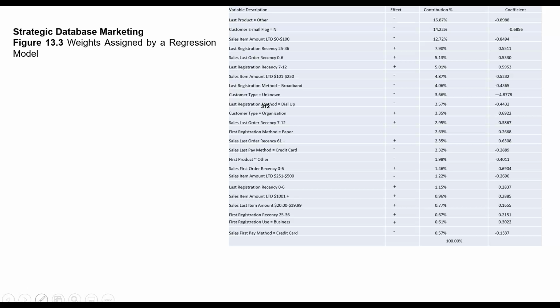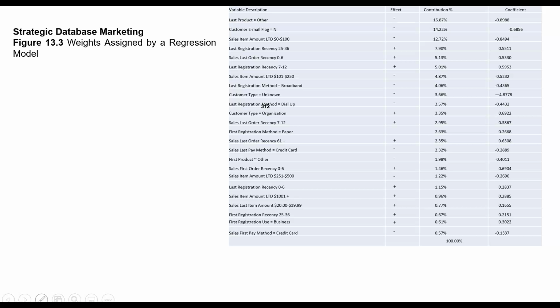What was your first product you bought? What was the amount of the last item you bought? Sale, first pay method, credit card. So this is a lot of transactional data here, more than I would say demographic data, at least in this example. It could have been demographic data too.